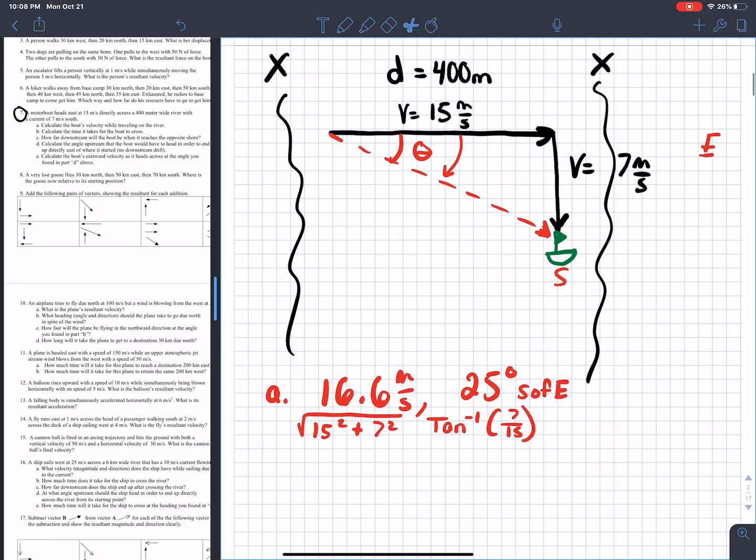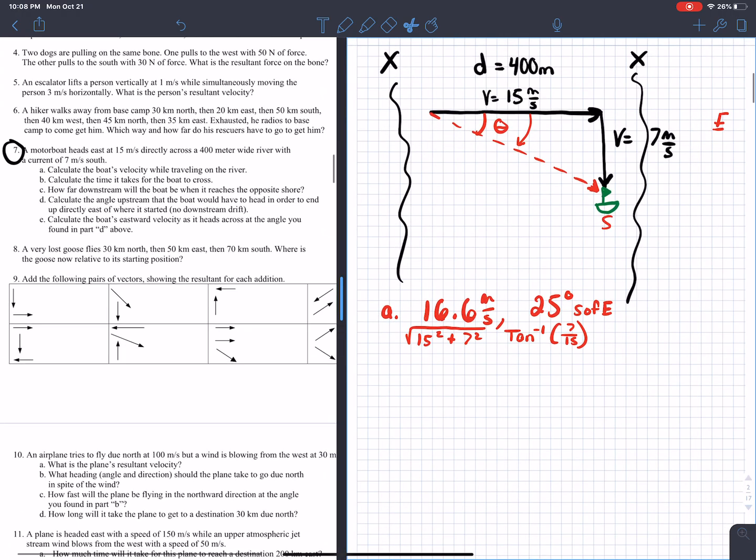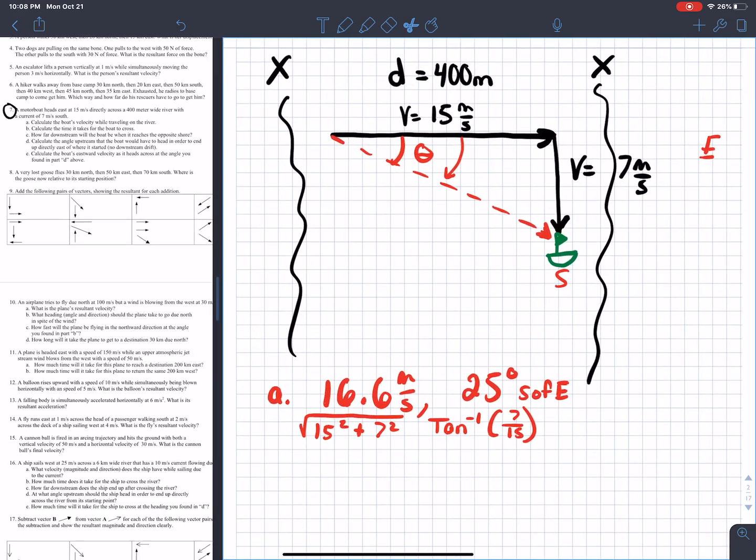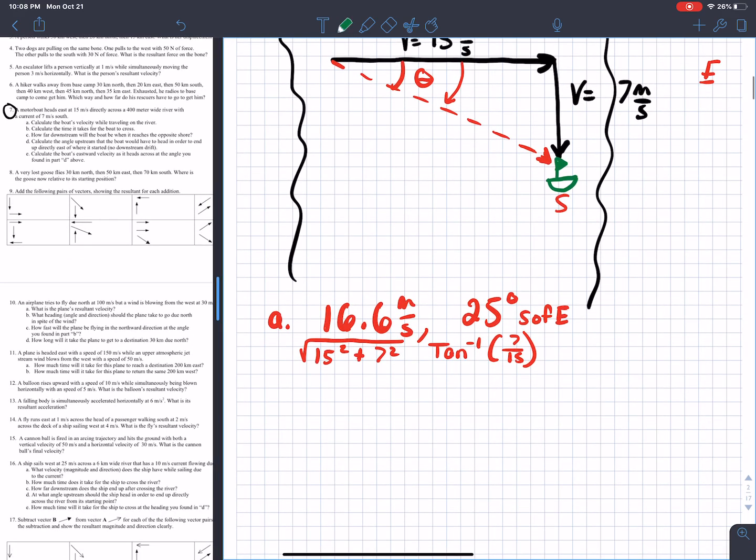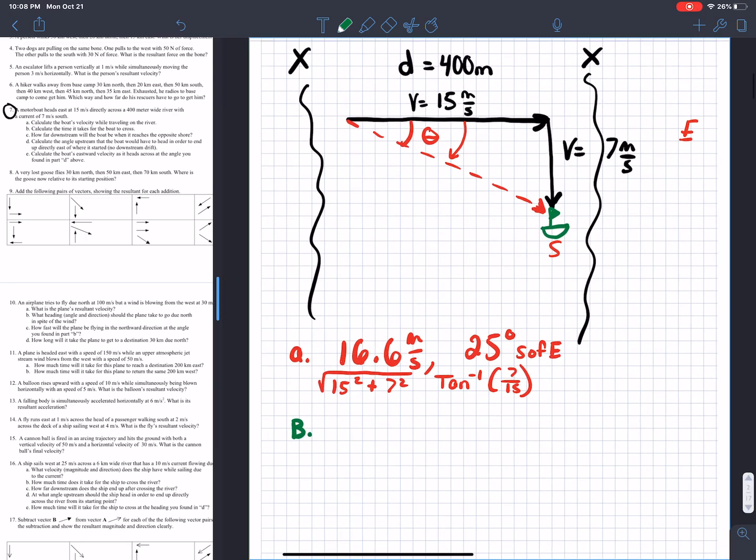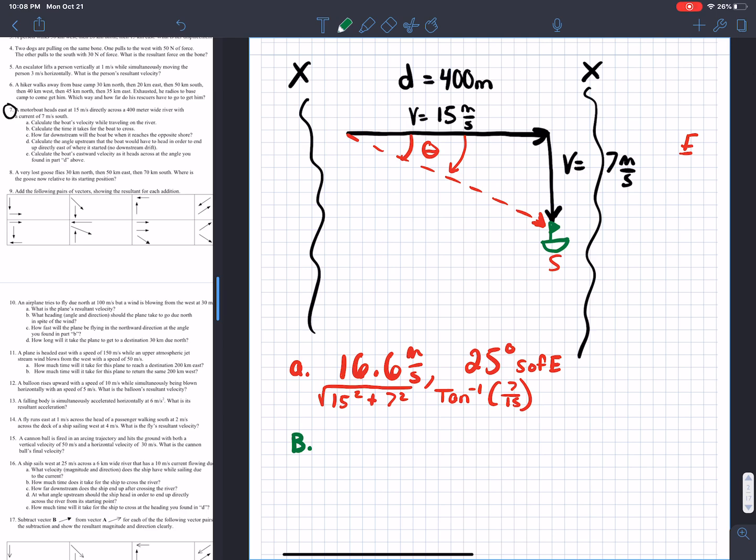So we go to part B here. Part B, it says calculate the time it takes for the boat to cross the river. Now, please pay attention to this carefully. You're trying to figure out how much time it takes to get across the river.